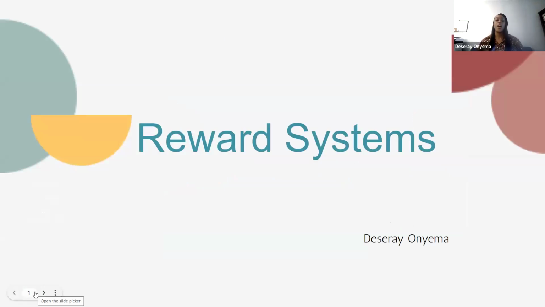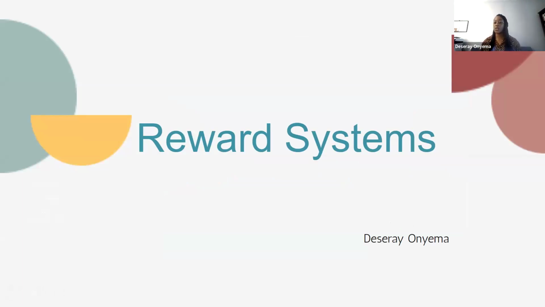Okay, wonderful. So today we are going to be talking about reward systems. This is something that I briefly touched upon in previous workshops in the series. In the Challenging Behaviors workshop, I spoke about reward systems being a way to improve positive behavior and decrease inappropriate behaviors or behaviors that you would like to decrease.